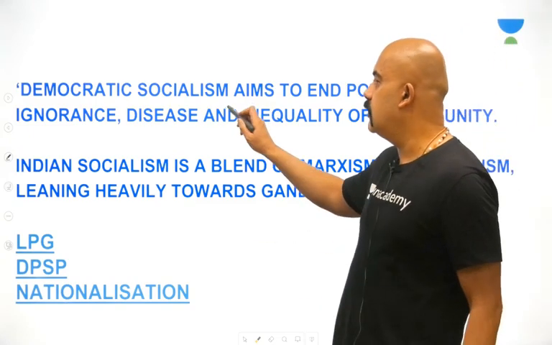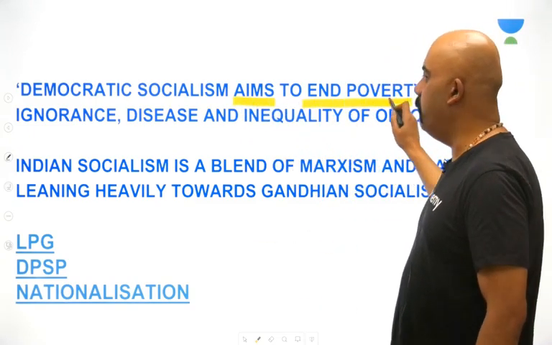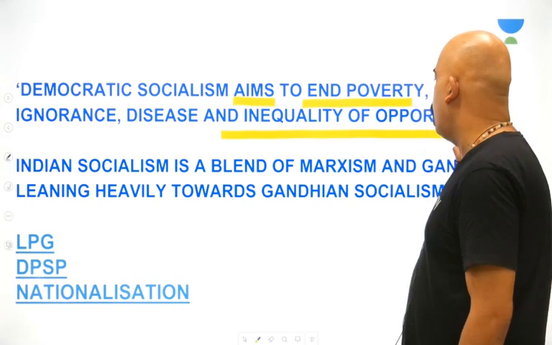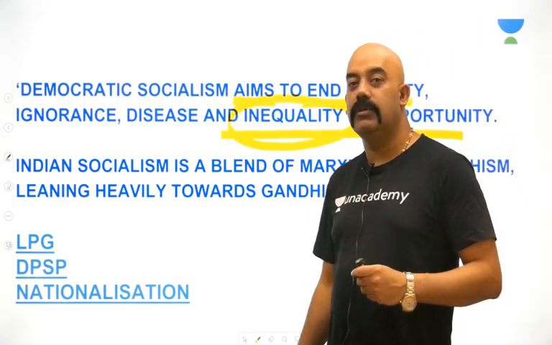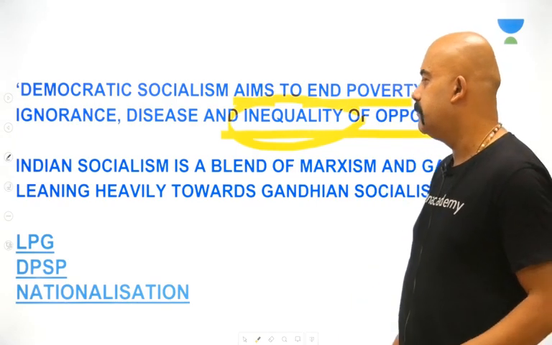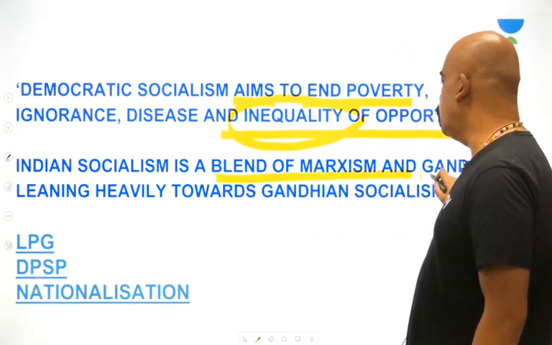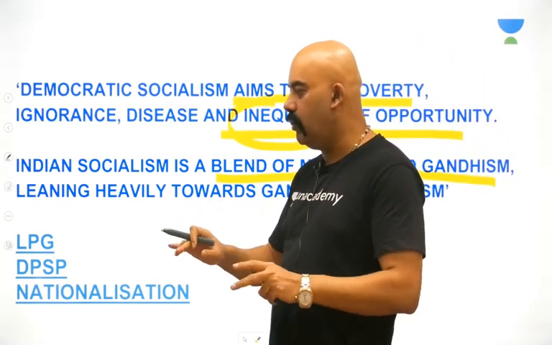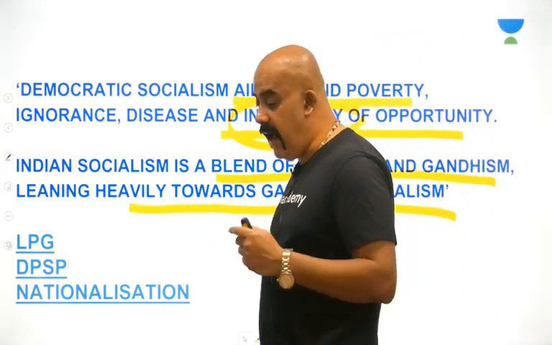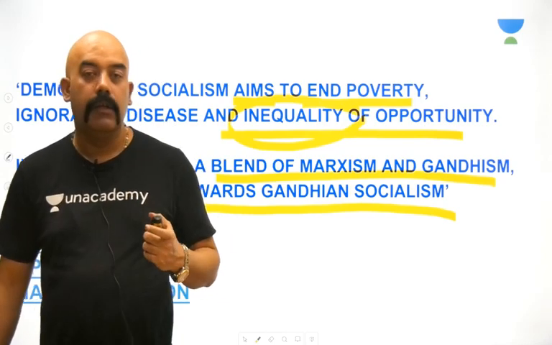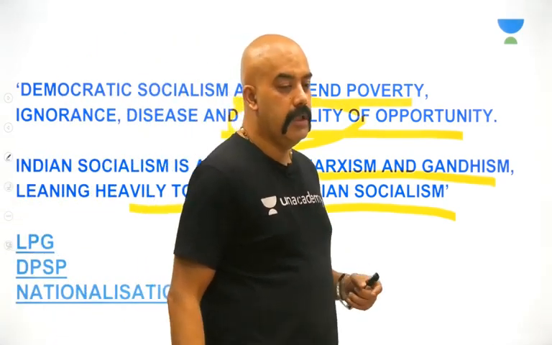It aims to end poverty, ignorance, disease, and inequality of opportunity. And you will later see in the preamble itself the words used are equality of status and opportunity. Hence, Indian socialism is a blend, a mixture of Gandhian socialism and Marxist socialism, but primarily it is a concept of Gandhian socialism.